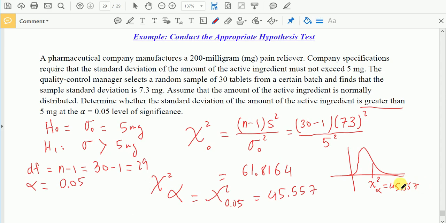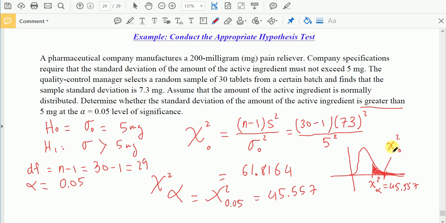Okay, so assume that we draw the correct one. Then from this point is 42.557. Now our test statistic is 61.81. So 61.81 should be bigger than 42, so maybe around here, right? Around this point. This is the test statistic.